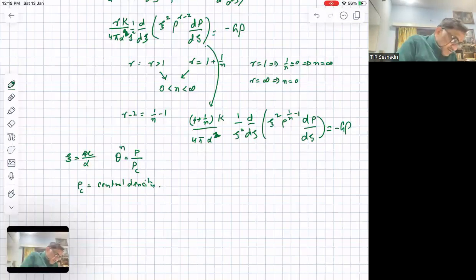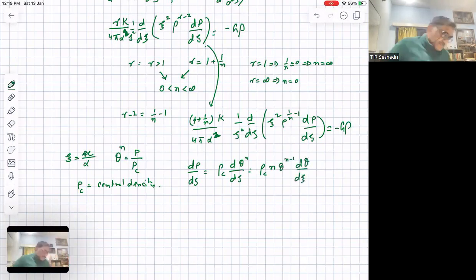And so I can write this in the following way. I have d rho by d xi is equal to rho c times d theta to the power n by d xi, which is equal to rho c n theta to the power n minus 1 d theta by d xi.